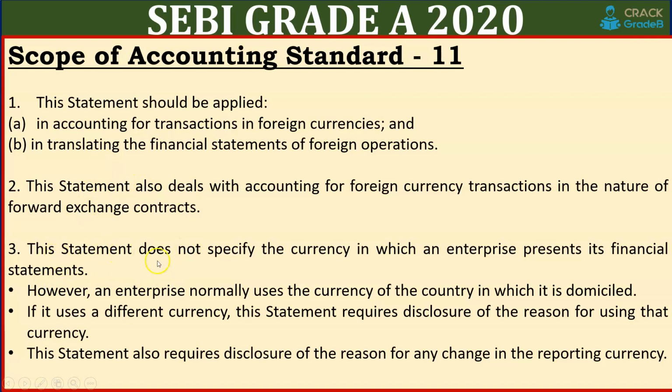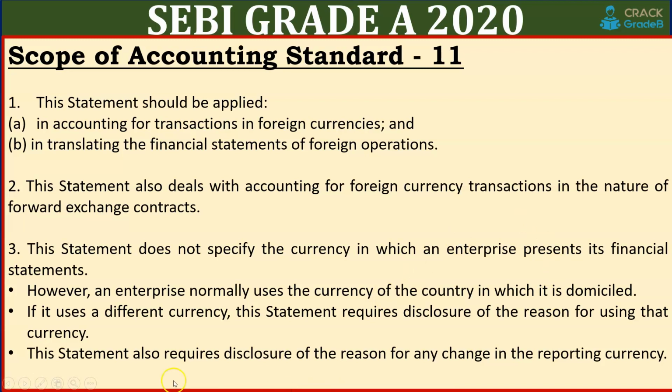Now this statement does not specify the currency in which an enterprise presents its financial statements. However, an enterprise normally uses the currency of the country in which it is domiciled. So if you have a place of business in India and another place of business in New York, you have two currencies involved, rupees and the other one of New York.